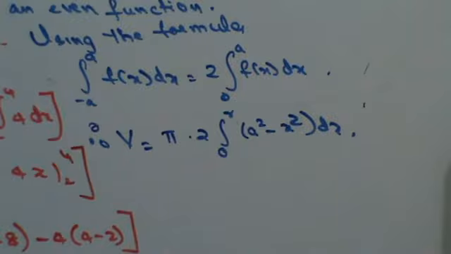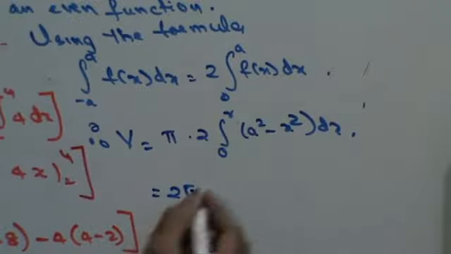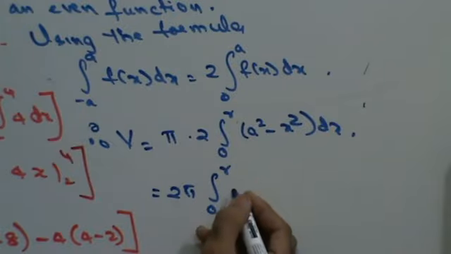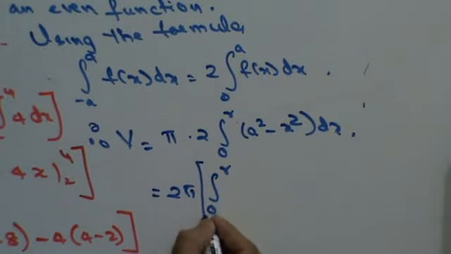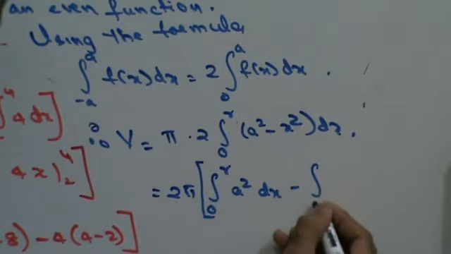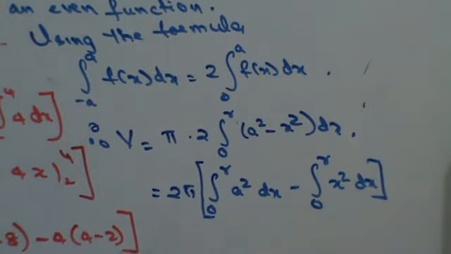So in that case, I can say that this is 2 pi, integral from 0 to r, of a square with respect to x minus integral from 0 to r of x square with respect to x.